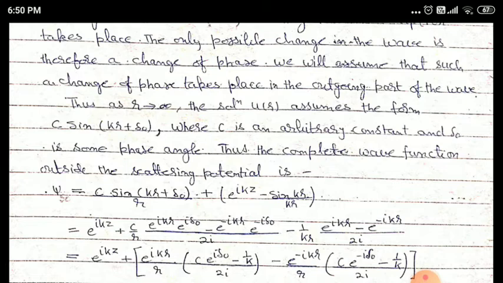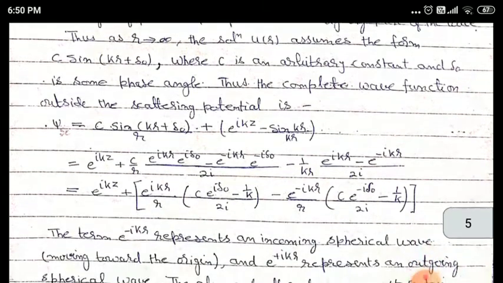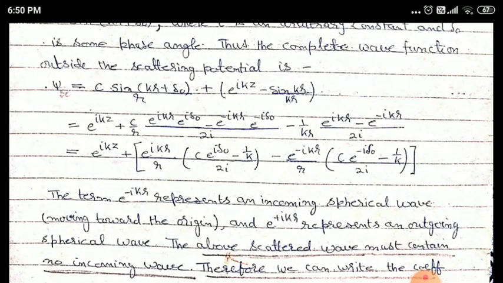Thus, the complete wave function outside the scattering potential can be written as psi is equal to c sin(kr plus delta 0) upon r plus e raised to power ikz minus sin(kr) upon r.